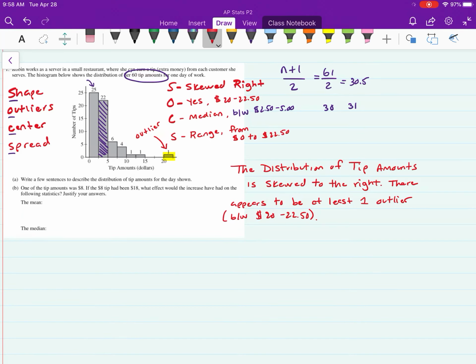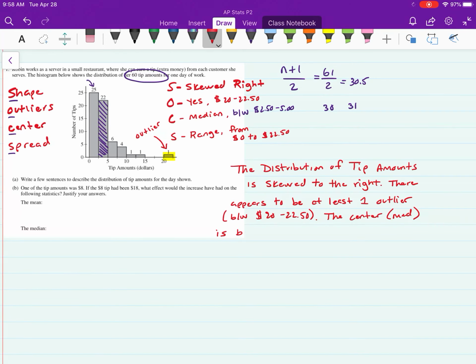Now I have to mention the center and the spread. And I'm also labeling that I'm talking about the median. Otherwise, the person grading this might think that you're discussing the mean or something like that. The center median is, what did we say?